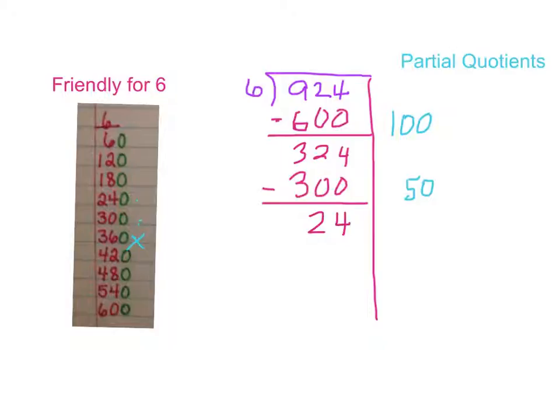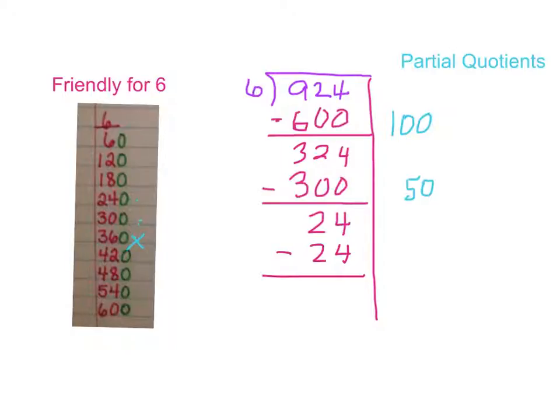So I look back to my friendly numbers, and what do I notice? Here in the pink, 24 is friendly for 6. And if I count, 1, 2, 3, 4, 6 times 4 is 24. So I can subtract 24, because it is a friendly number.